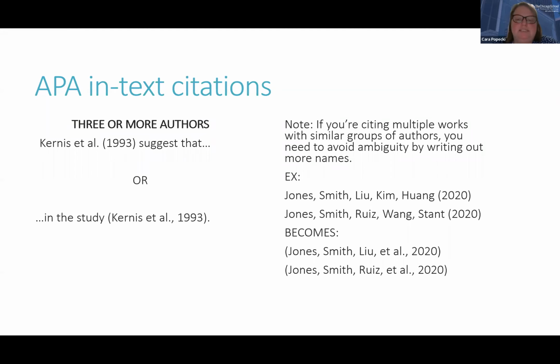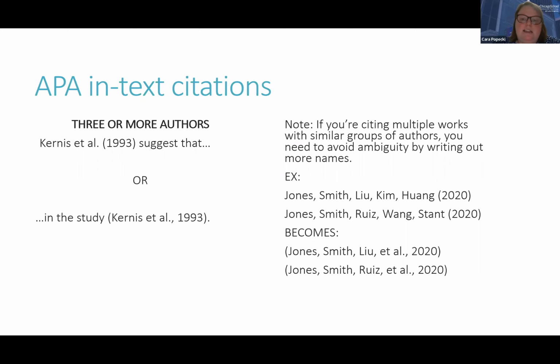The only time we have an exception to that is if you have multiple works with similar groups of authors, to avoid ambiguity, you write out more names. So in this example, we have Jones, Smith, Liu, Kim, Huang, and we also have Jones, Smith, Ruiz, Huang, and Stant, both in the same year. So that's super confusing for your reader.